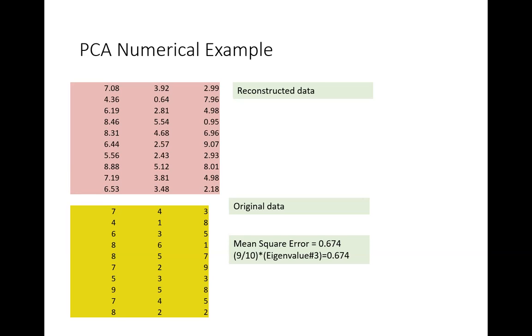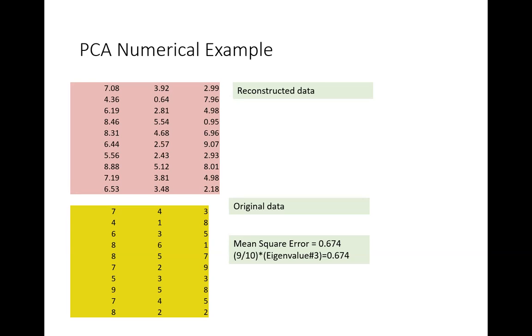You will notice that in the first line, I'm writing the mean square error as 0.0674. Then in the second equation, instead of taking just the eigenvalue, I'm multiplying that eigenvalue with 0.9, and saying that is equal to 0.674, which is your mean square error. The reason I'm doing 9 by 10 is that if you look at the formula for sample mean and sample covariance matrices, you will come across 2 formulas.